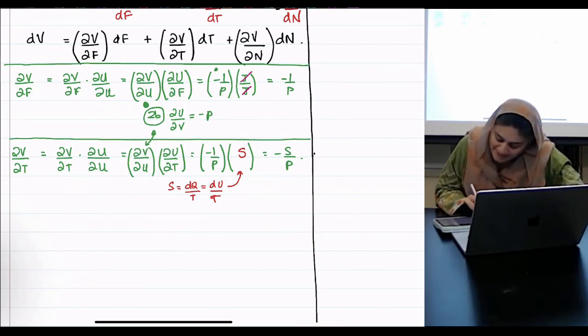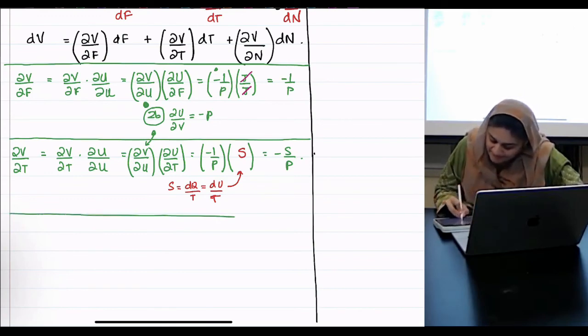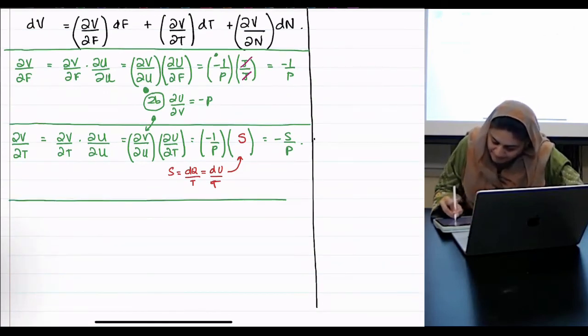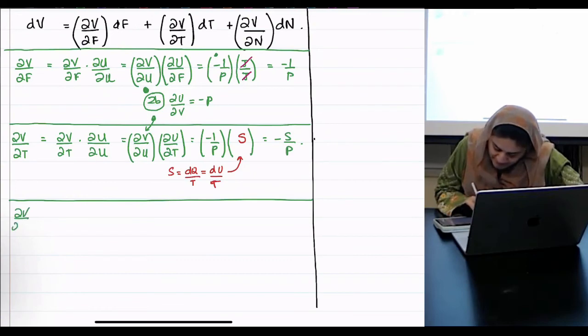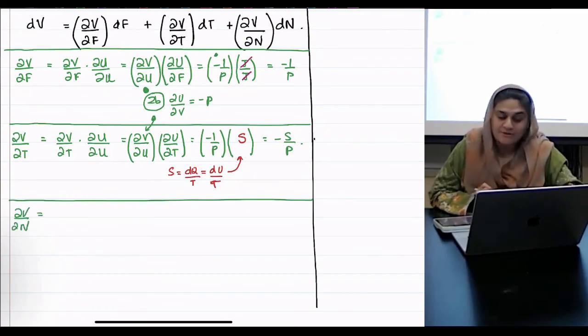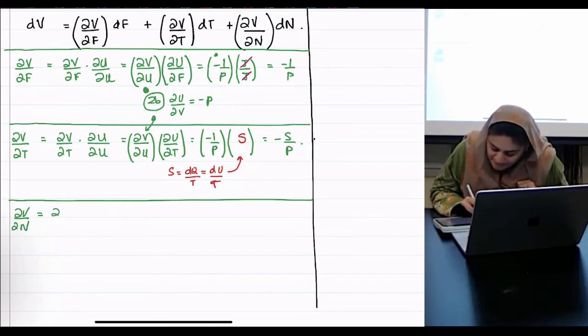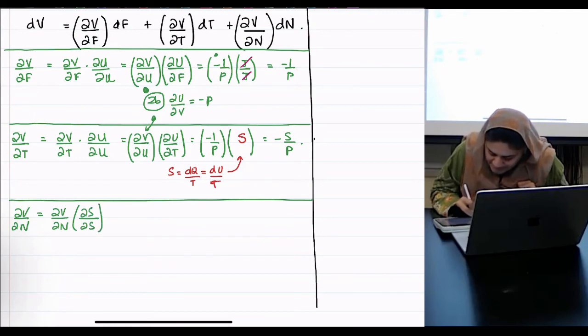Excellent. Now what's my last one that's left? Partial V over partial N. What can I do to this? I have another equation. Hold on. Partial V over partial N, partial S over partial S. Can I write this as partial S over partial N?